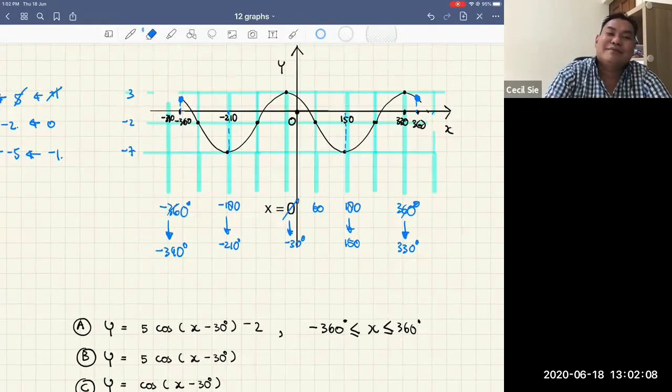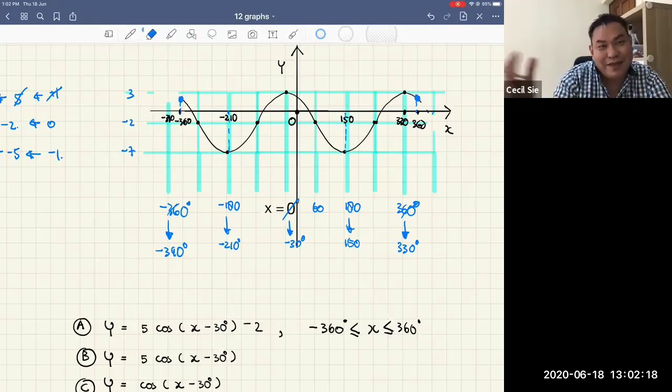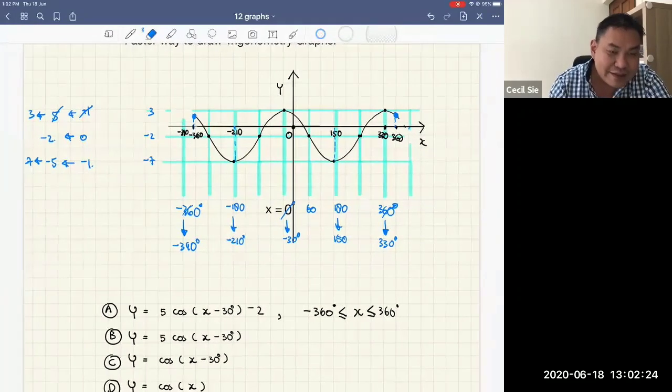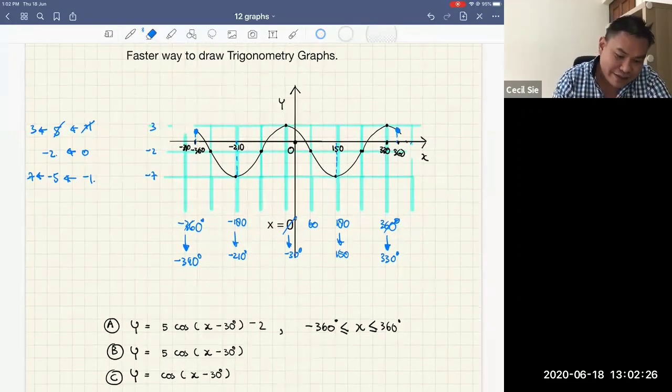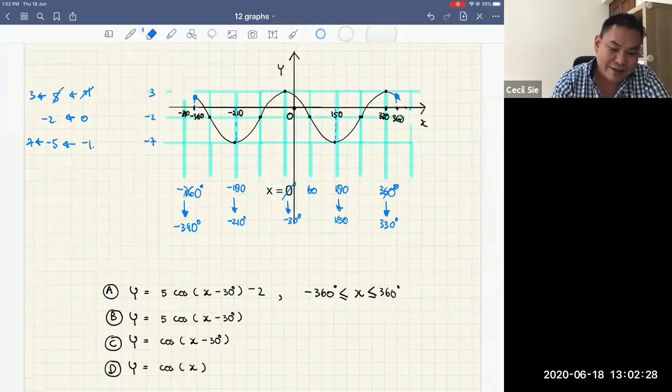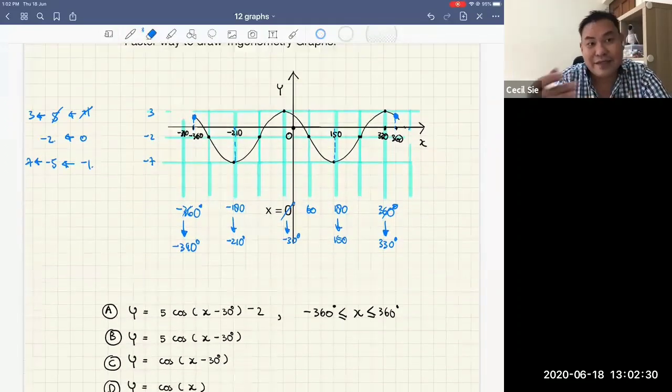So that's how you do that very quickly, sine and cosine. Remember the steps: you draw several periods of sine and cosine, then you decide which point is 0. Then you label the value of x and y outside.